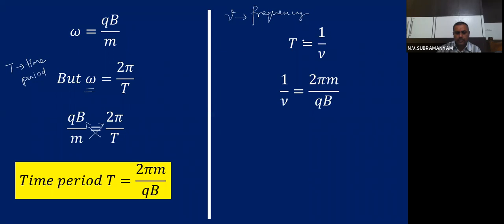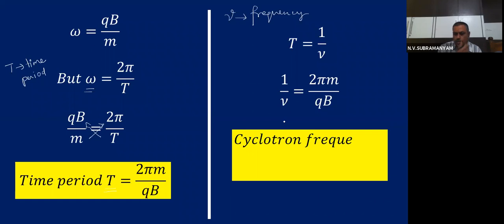So 1 by frequency, substitute in this formula in the place of T: 1 by frequency is 2 pi m by qB, or nu is equal to qB by 2 pi m. So this frequency is known as cyclotron frequency.